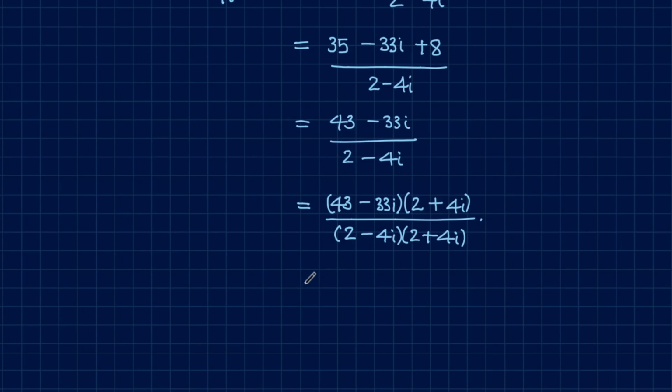So let's start simplifying. Now, when we multiply 43 by 2, we get 86. These are real numbers, so 43 times 4, we get 172, also positive i. Now this one is negative 66i, and lastly, we have the negative 33 times 4 is 132 i squared, and we do the same to the denominator.